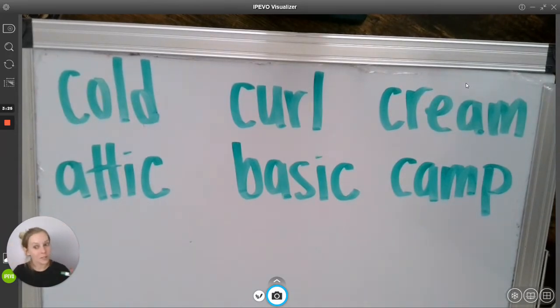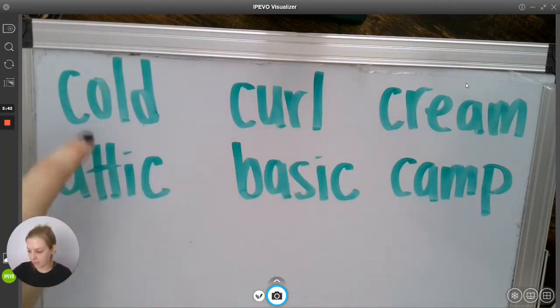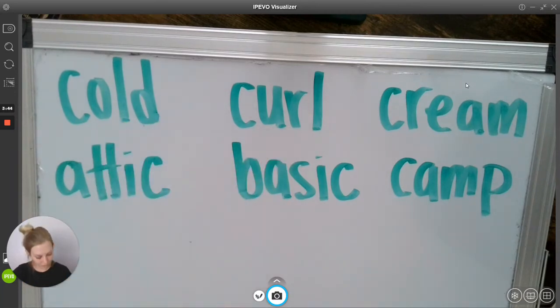All right, what do you notice about these words? Maybe the C in specific. What sound is the C making here? It's making its hard sound K. And remember, C says K before an A, O, or U, before a consonant, or at the end of the word.